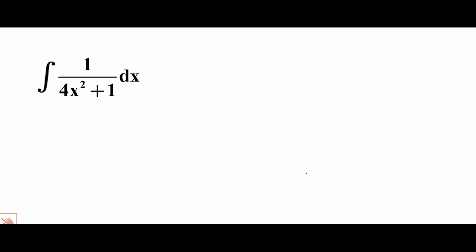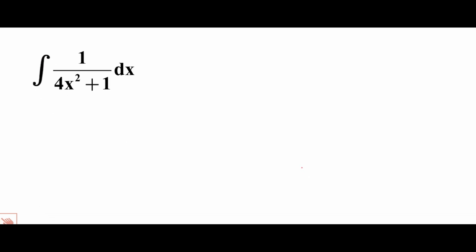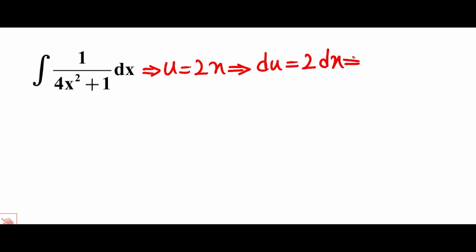Number 2, the integral of 1 over 4x squared plus 1 dx. Let u equal 2x, so if we take the derivative of both sides, we have du equals 2dx, or dx equals 1/2 du.